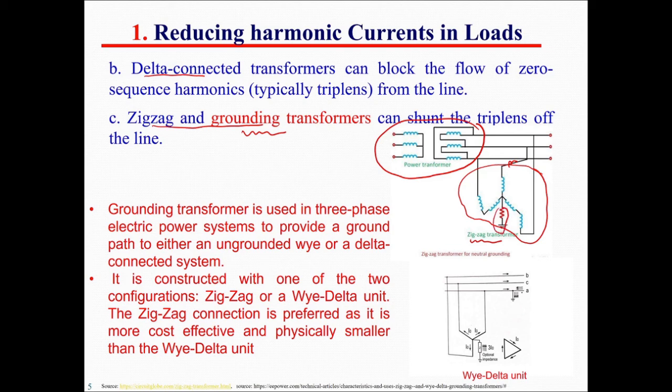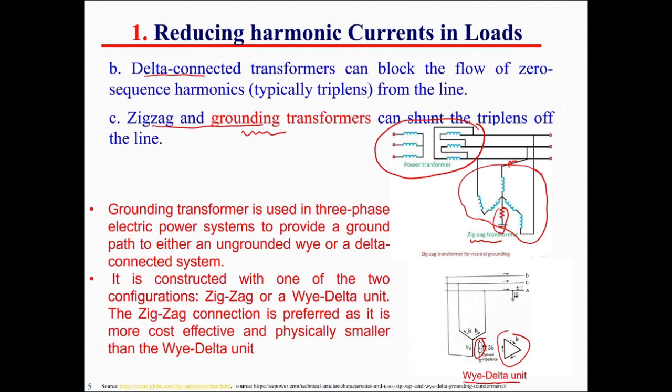or by using what we call a Y delta unit. And of course over here this delta will not be connected to anything. But look, the Y will be connected also to the ground. So this one also we call a grounding transformer. But what is the difference between the two?